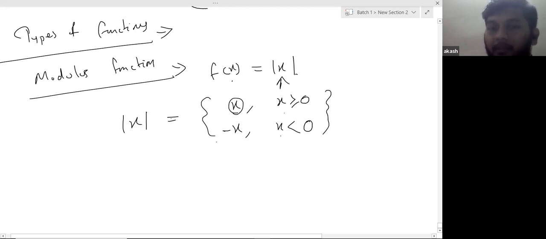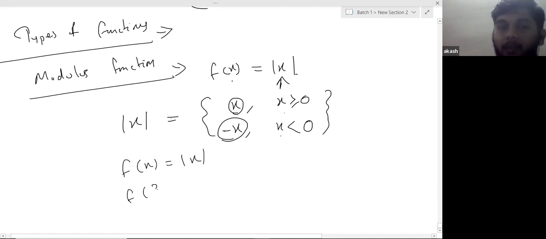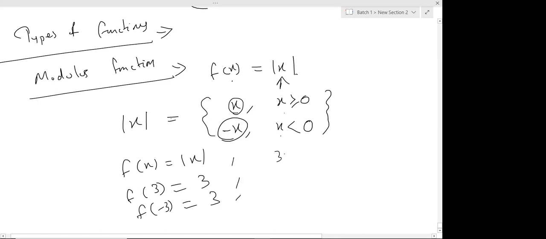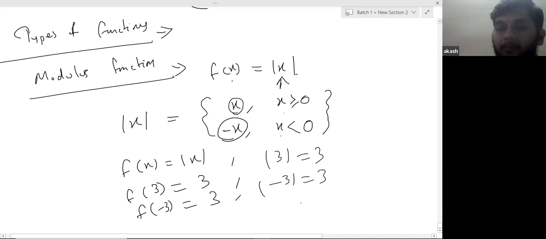If we are putting a negative number, then write it as -x. What this means is f of 3 will be 3. F of -3 will be 3. Mod 3 is 3. Mod -3 is 3.